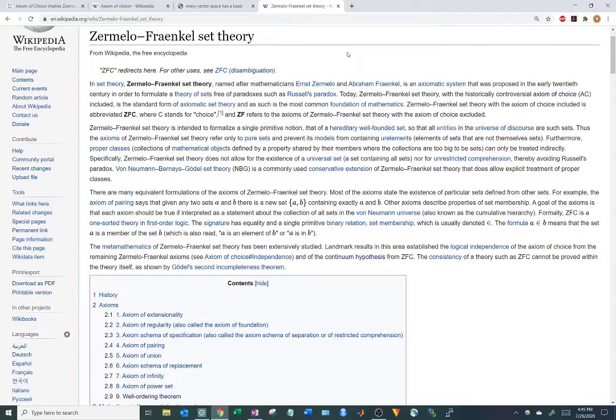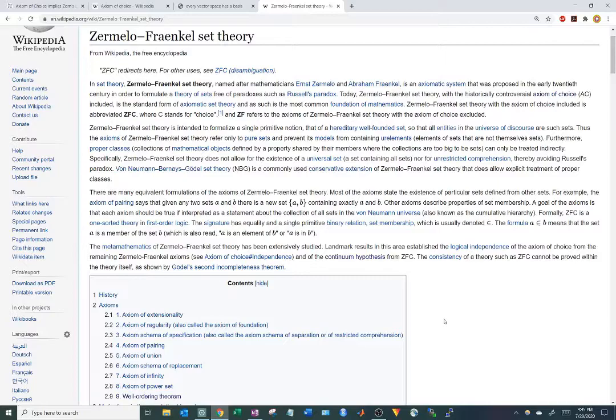But it's ZF. So ZF is this set theory that we use in math. So the axioms are listed here. And basically what it means is that this is a set theory in which sets behave the way that you would think they should behave.